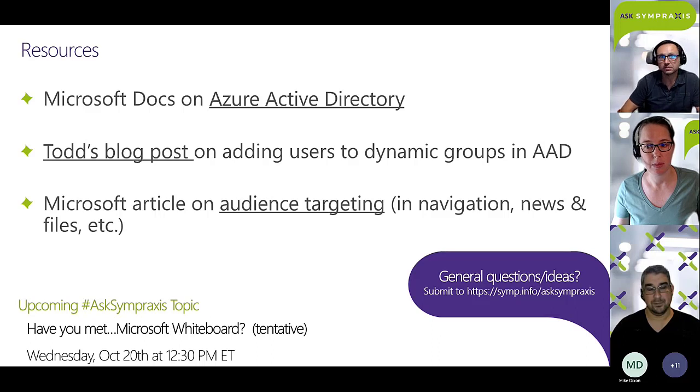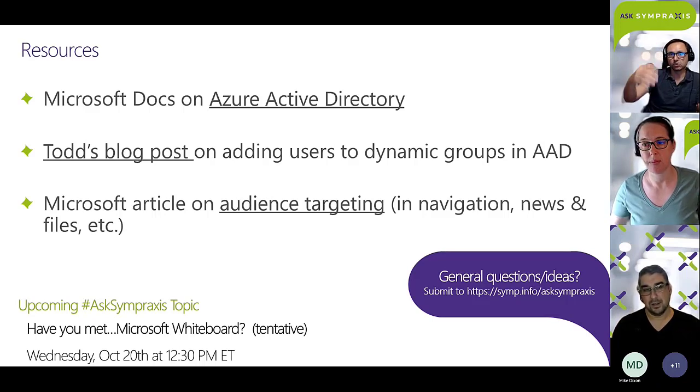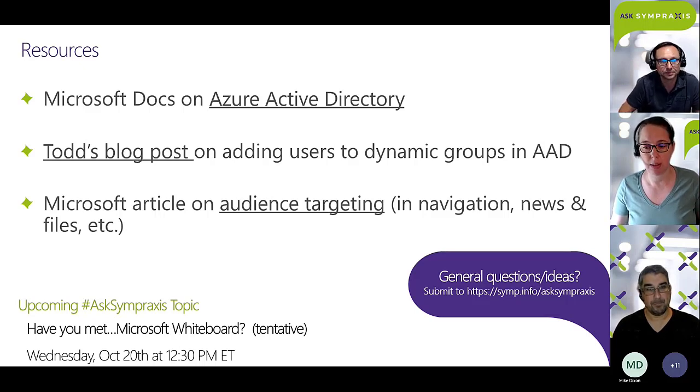That's not security. That's presentation, but that gets you sort of there. But like Julie said, if you want to do it at the dynamic group level, that's an Azure AD thing. So then you would have to do it in Graph, which you can totally do. It's actually more simple than it sounds.